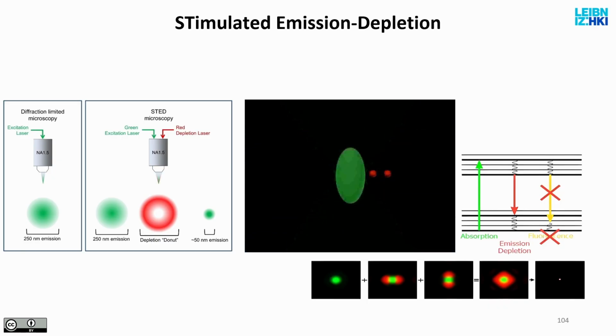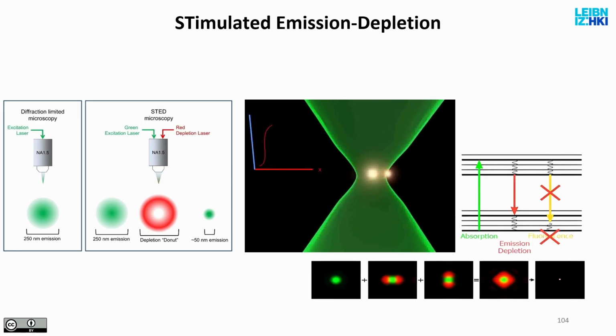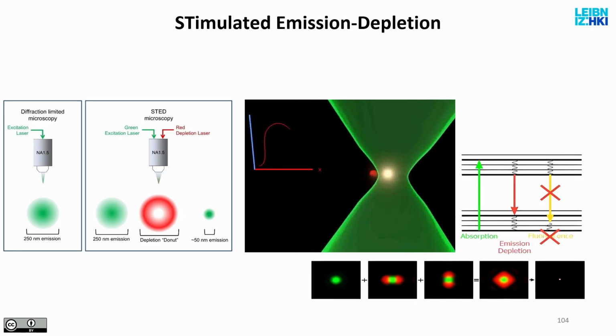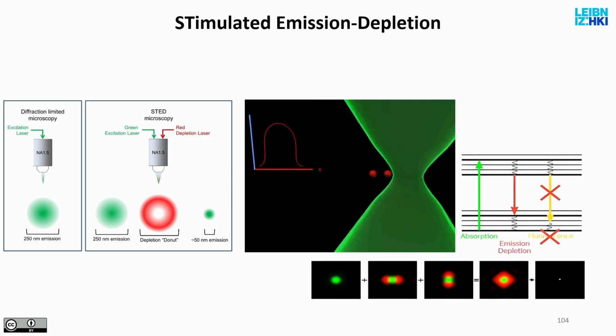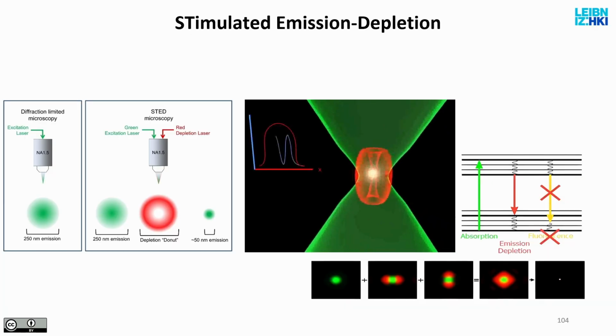Those which are here will be going through so-called stimulated emission. That is, their photons will be in the red zone and they will directly go down without emitting the proper fluorescence photons. So this means that we only get signal from the inside of this donut.